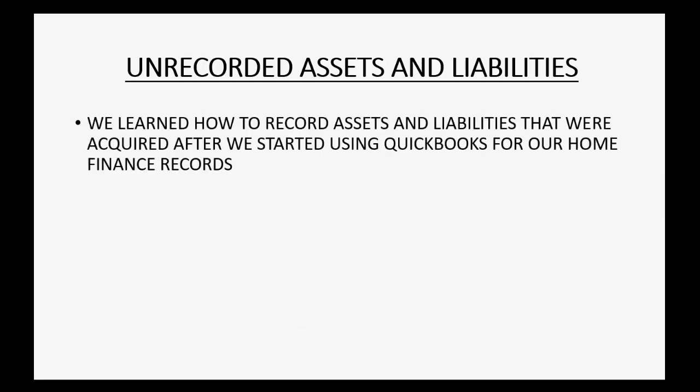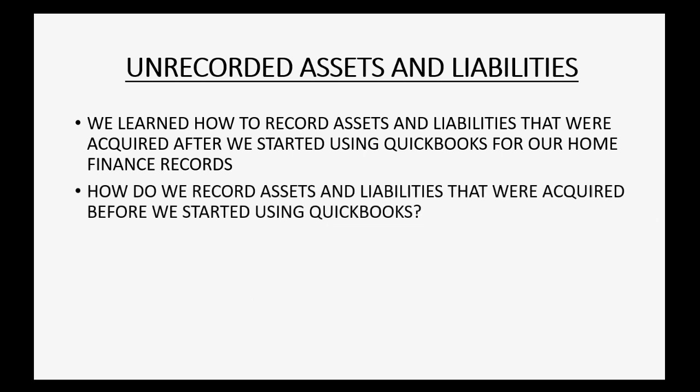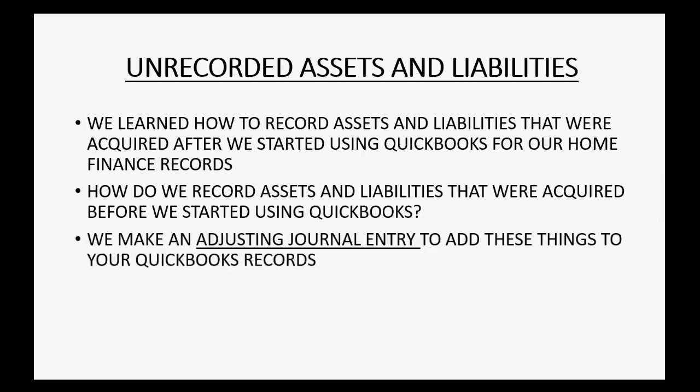We learned how to record assets and liabilities that were acquired after we started using QuickBooks for our home finance records. However, the question is, how do we record assets and liabilities that were acquired before we started using QuickBooks?